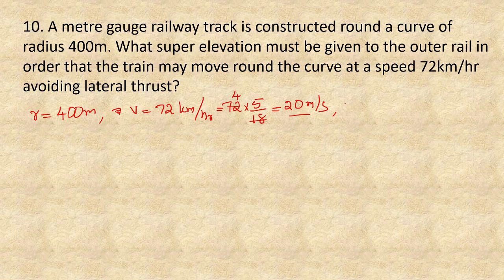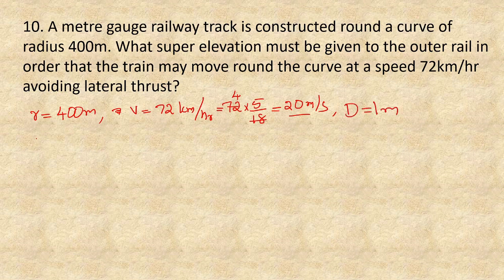Here, that is a meter gauge. So we are already familiar with the different types of railway tracks: narrow gauge, meter gauge, standard gauge, and broad gauge. Here, meter gauge means the distance between the two railway tracks is 1 meter. Here d is equal to 1 meter.